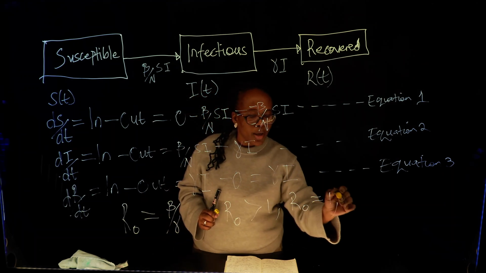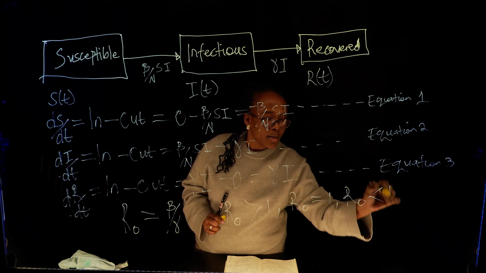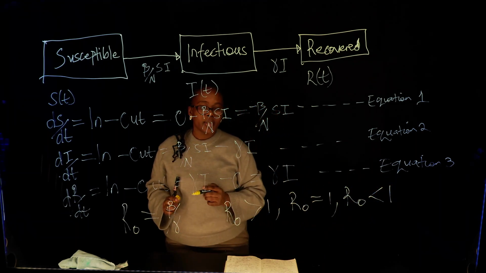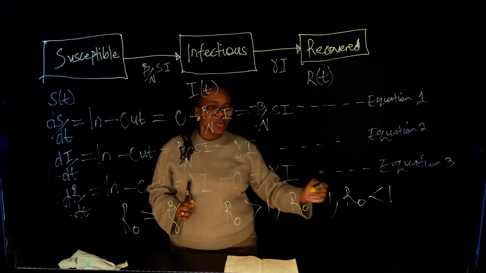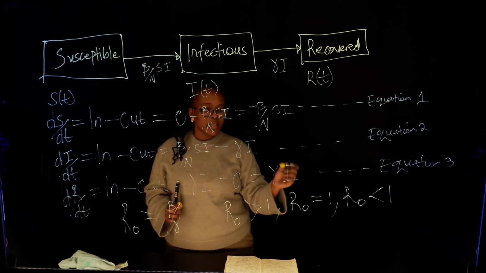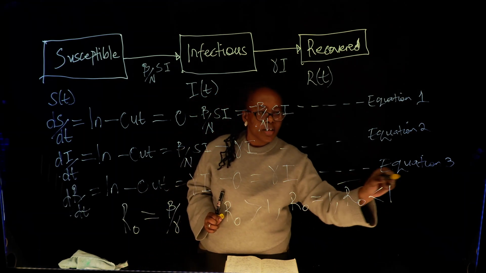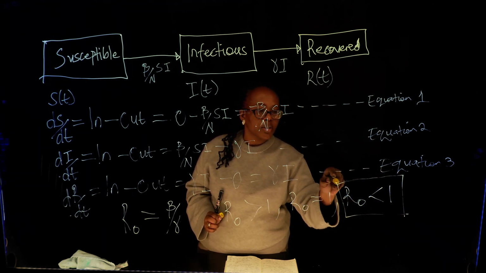Then, if we get an R0 that is less than 1, which is the most important, we know that this outbreak is going to keep reducing and will eventually stop. This is the most important thing that public health interventions look at.